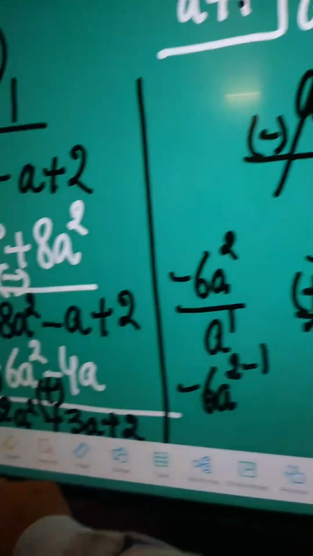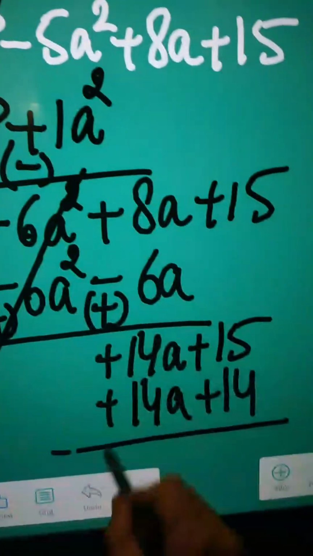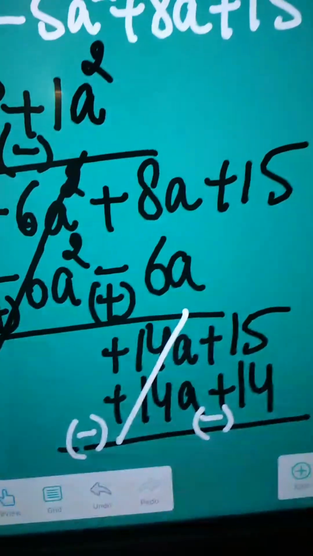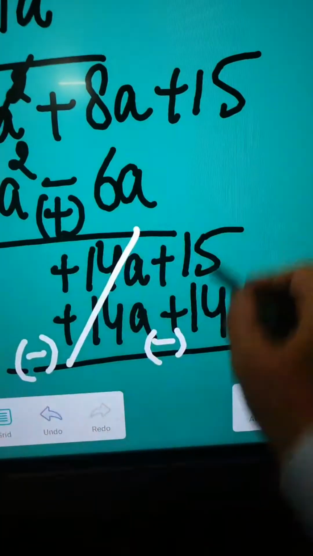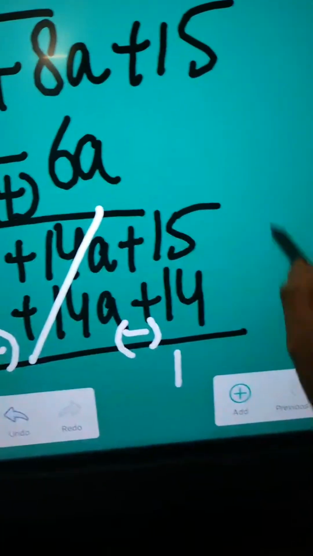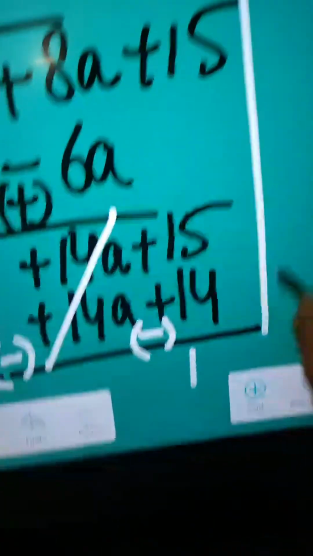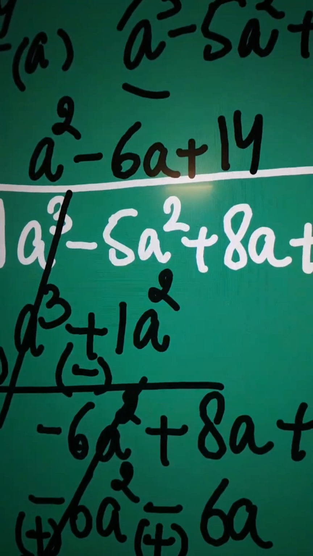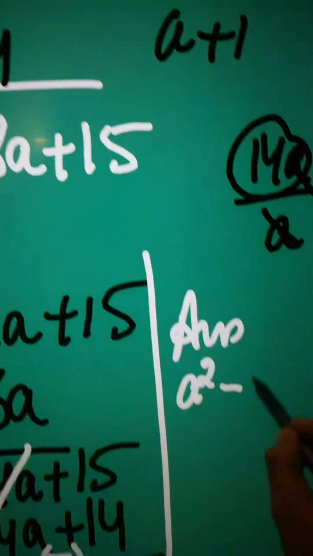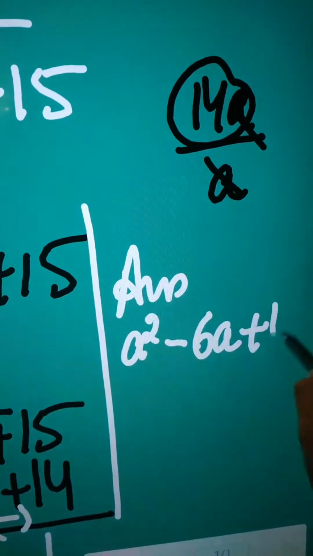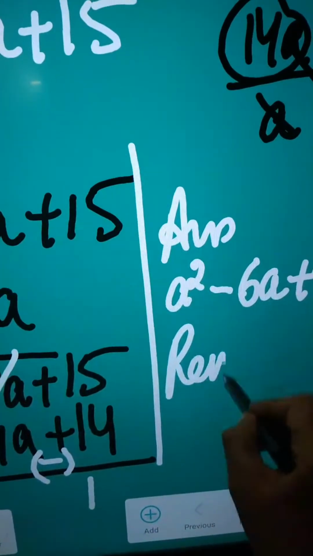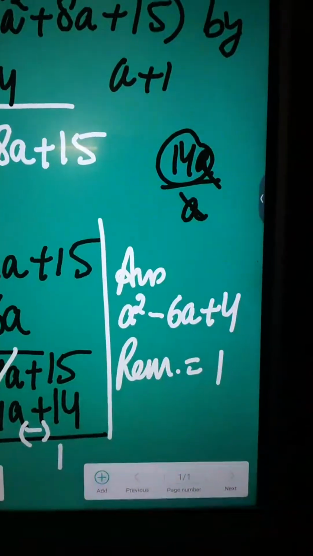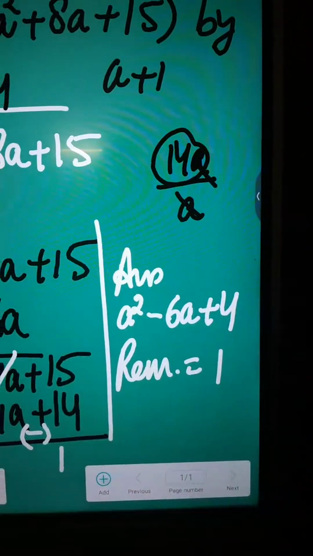Now change the sign. So change the sign means minus. This will subtract. 14 minus 14 is 0. 15 minus 14 is 1. So my answer is a square minus 6a plus 14, and my remainder is 1.